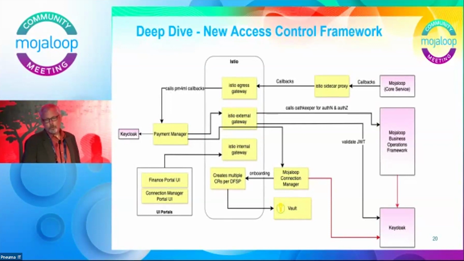And those custom resources create the rules, destination rules, as well as creating the client certificates that are used by the switch to call. And all of those custom resources are generated from Connection Manager and then deployed into the switch. And then from that point on, it's completely taken care of by Istio. So that is the deep dive into the new access control framework.